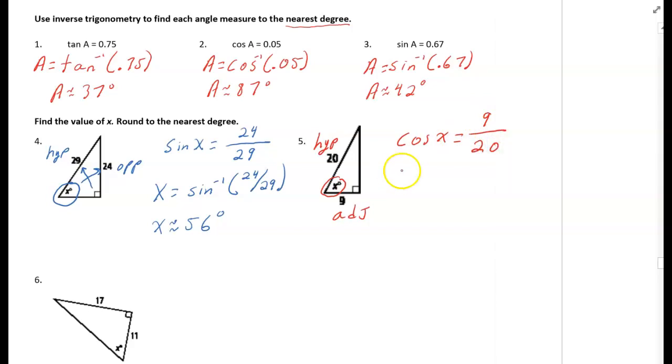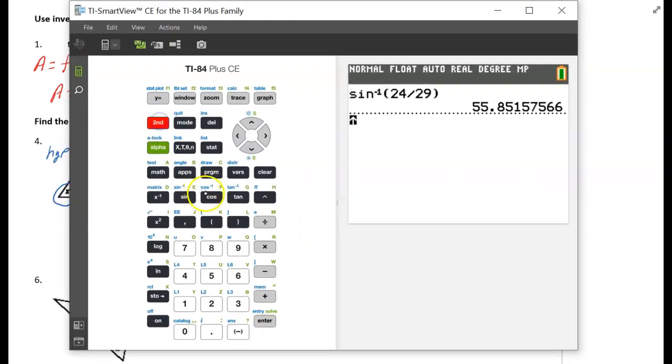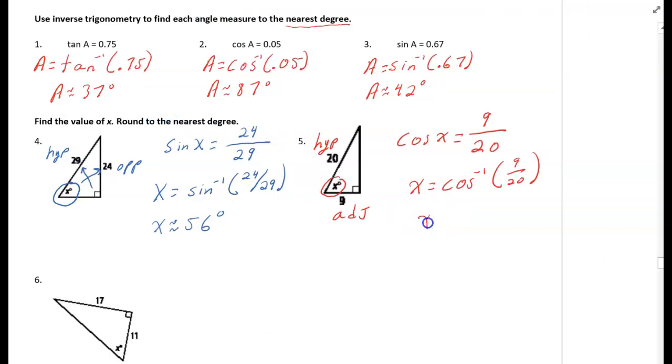Before I pick up my calculator, I'm going to write x is equal to inverse cosine of 9 over 20. Picking my calculator up, inverse cosine 9 divided by 20 gives me the angle is approximately 63 degrees. Since it's set to the nearest degree, around 63 degrees.